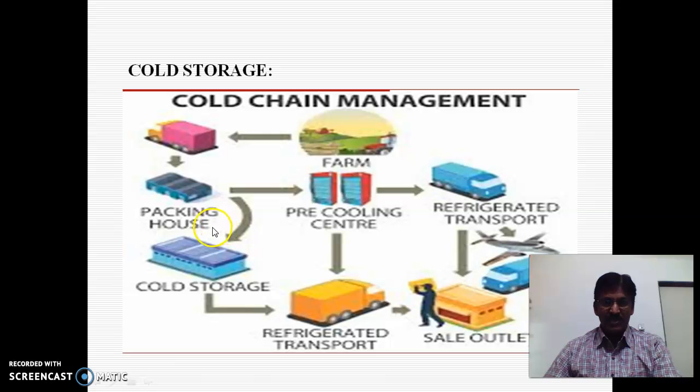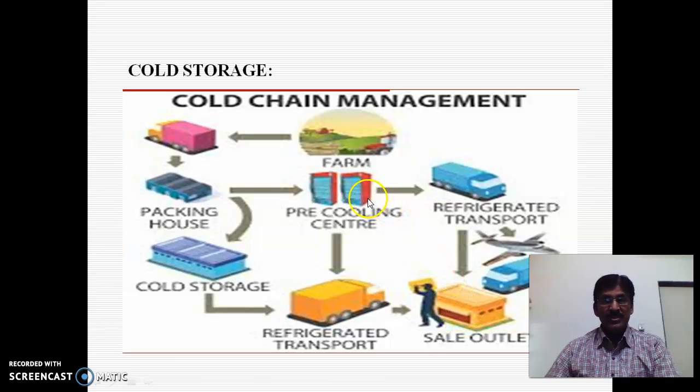But if it is in a storage condition, we are maintaining the low temperature in cold storage, for different products different temperatures. For vegetables we maintain different temperatures, and for some fruits like grapes and mango, different temperatures. After that, as per the need of the market, we go for the refrigerated transport, and through refrigerated transport it goes to the sales outlet.